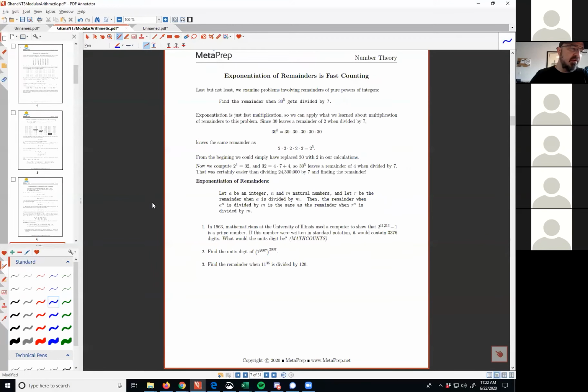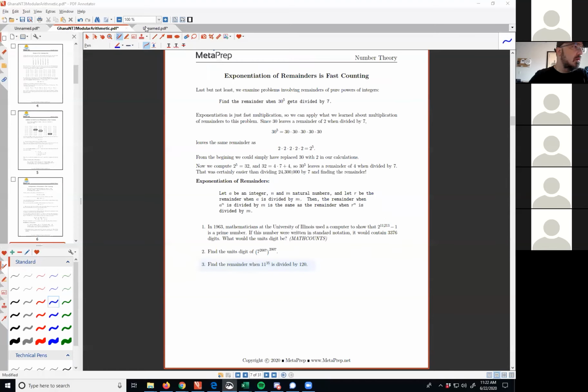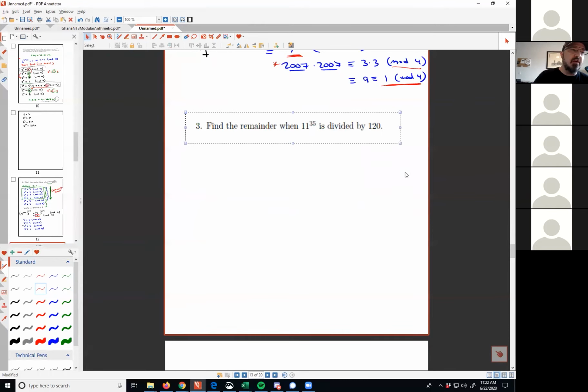Okay, let's take a look at problem number 3. Now this one's a little different. Now we're not dividing by 10 anymore. We're dividing by 120, which is much bigger. Can we still find a pattern? What happens here?